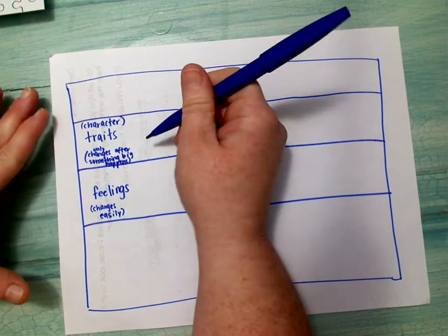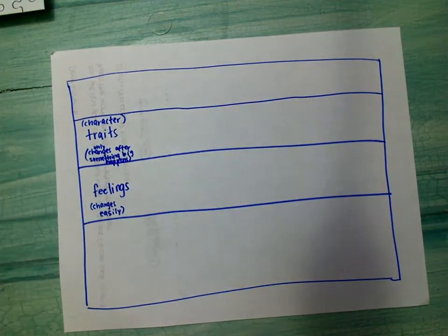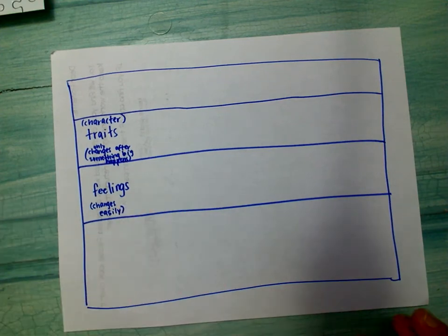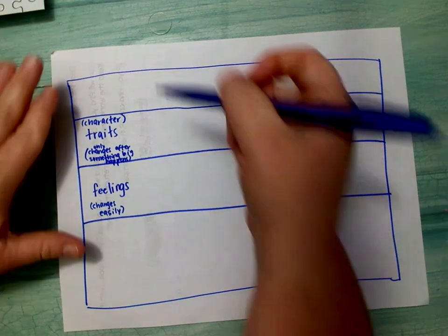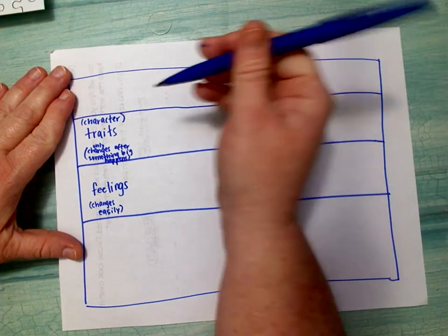So usually character traits do not change, especially in the stories that we read. If they do change, maybe one character trait might change in the whole chapter book. Feelings, however, change very easily. Each character's feelings will change several times, not just in a book, but several times in a chapter.